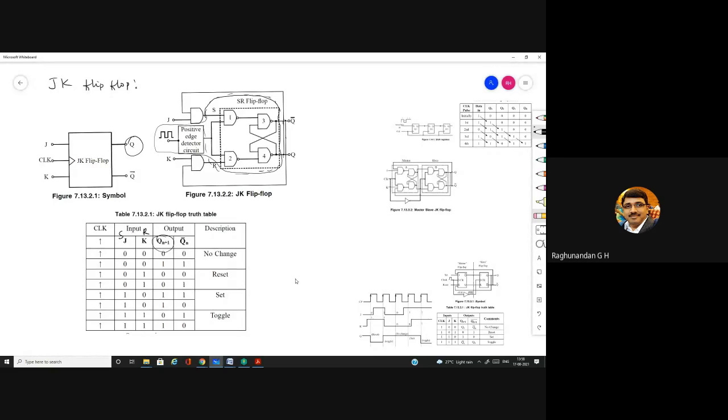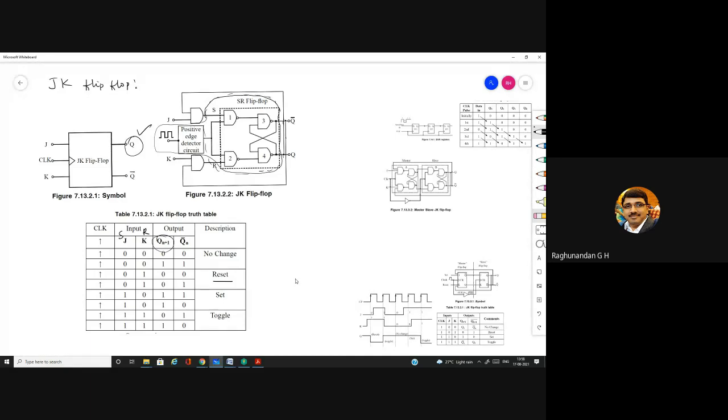J leads to the set button, K leads to the reset button. When J is 0 and K is equal to 1, irrespective of the previous value, the present state will be 0. So this Q will be equal to 0. This will be termed as reset state.